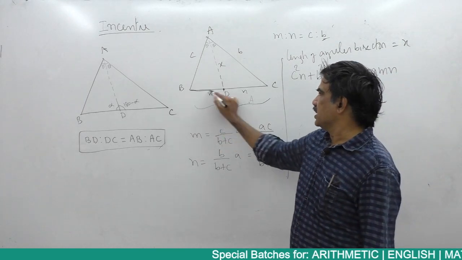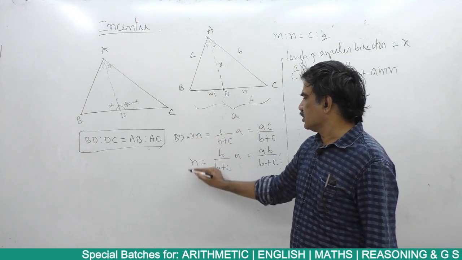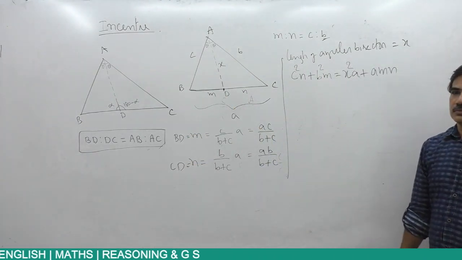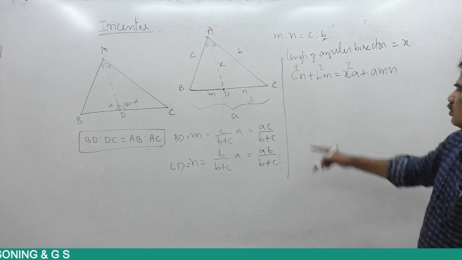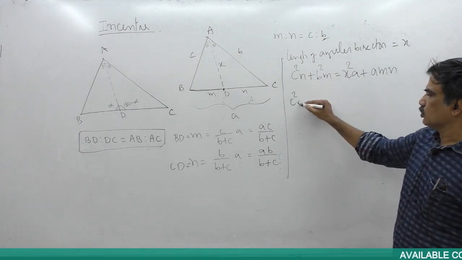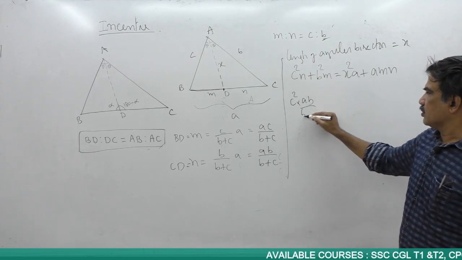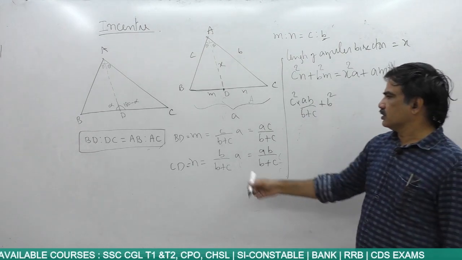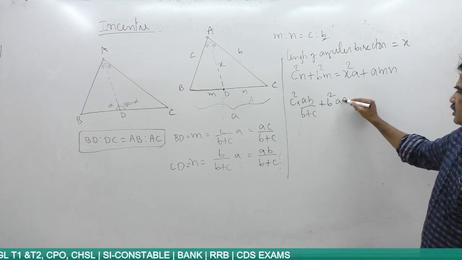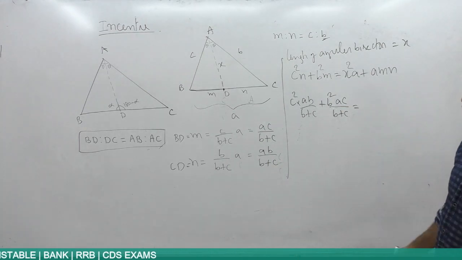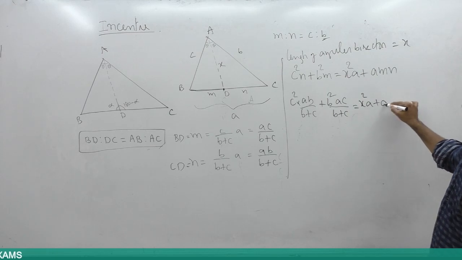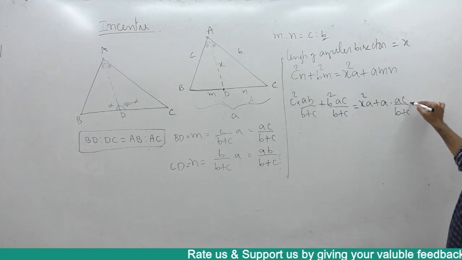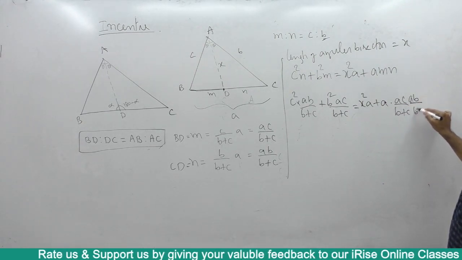The length BD is equal to this, and this is CD. So I want to use this concept: c square into ab by b plus c, plus b square into ac by b plus c, is equal to X square into a plus a into M into N, nothing but ac by b plus c into ab by b plus c.